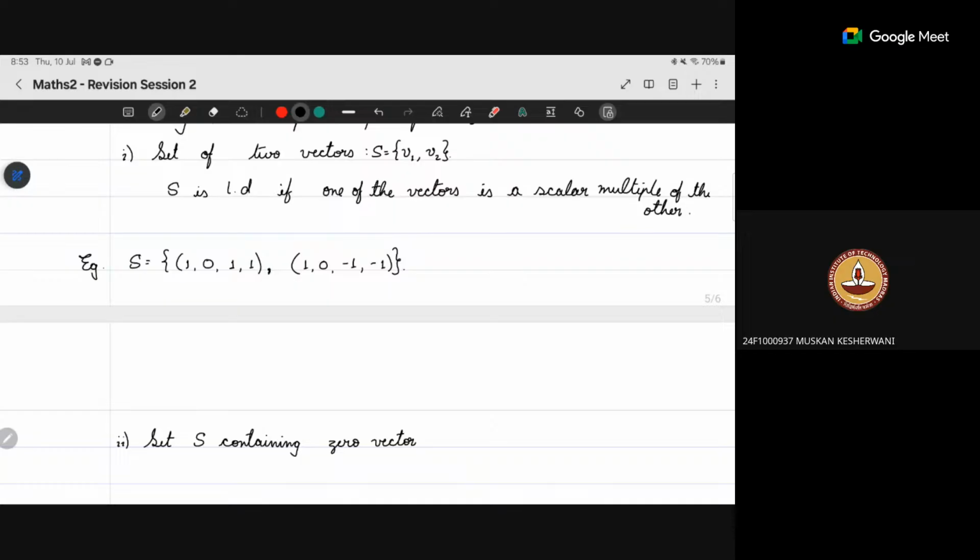There were suggestions of writing it in a matrix and taking the determinant, but you cannot do this here, because you will get a 2 by 4 or a 4 by 2 matrix. So in this case, how do you check? Are these linearly dependent or independent? Can I write this as a scalar multiple of this, or this as a scalar multiple of this? No, we can't write it. So that is why this is linearly independent.